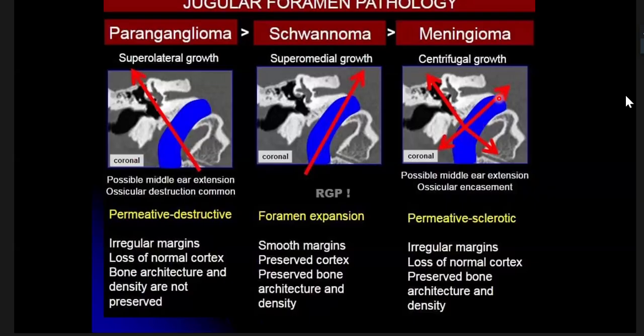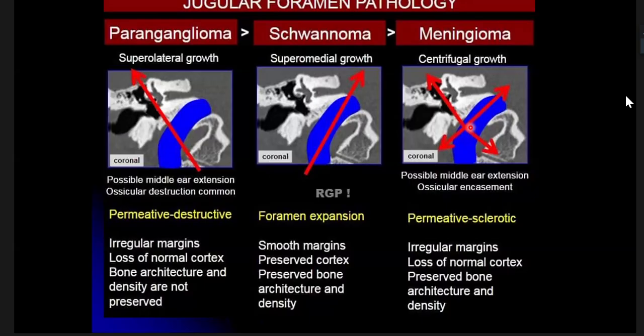The typical feature of jugular foramen meningioma is that they have bony sclerosis as well as permeative type of irregularities. What it means is that the margins of the lesion will be irregular. There will be a loss of normal cortex, but the density will be preserved till the end point. See this image now.